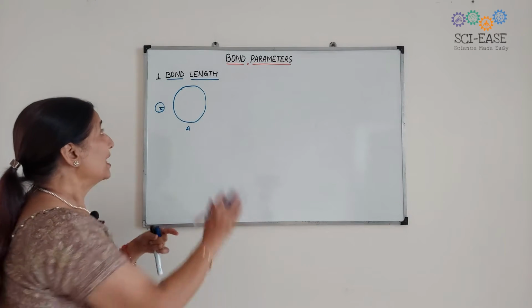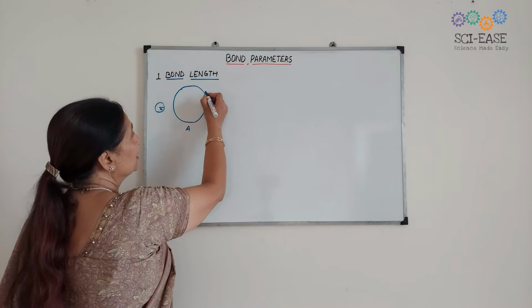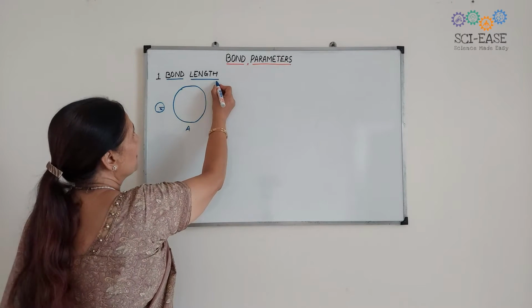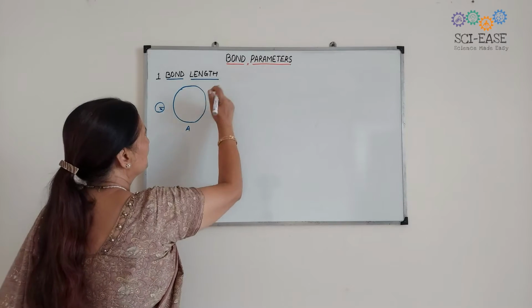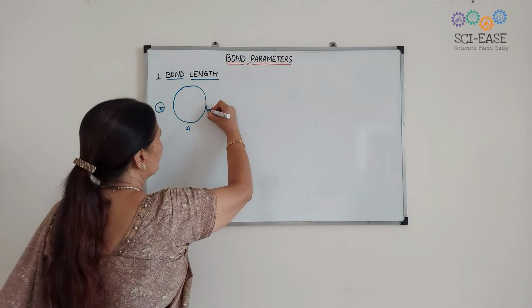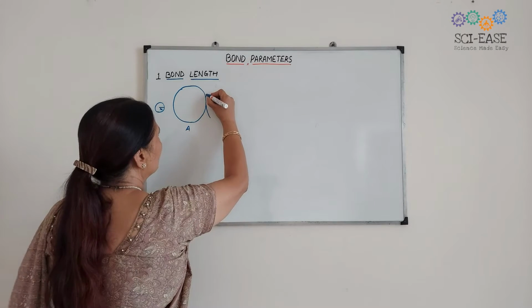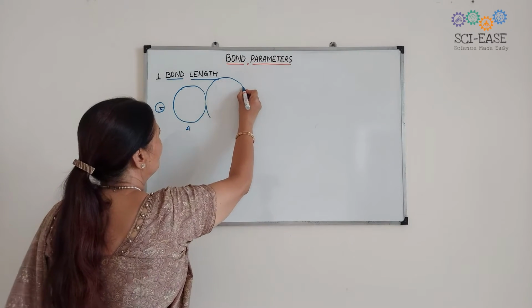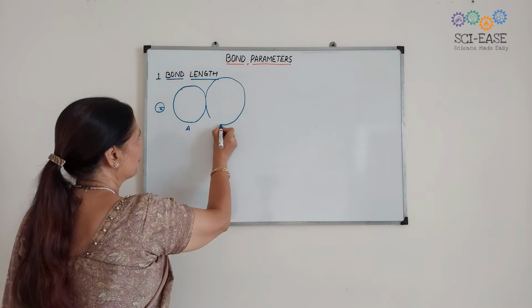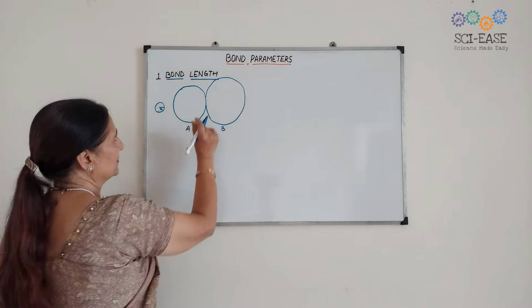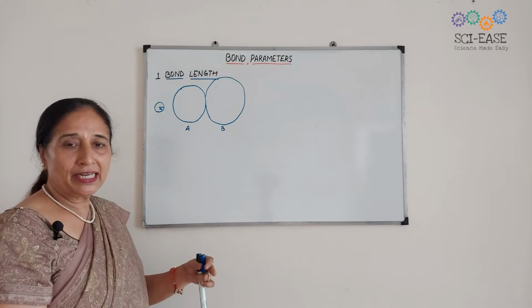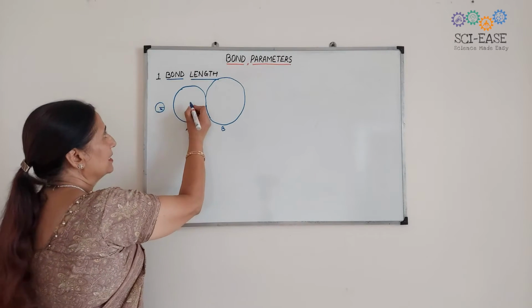So, here there are two atoms, A and B, and they are touching each other. At this point, when they are in equilibrium, they are like this.